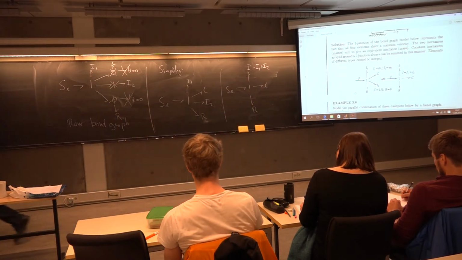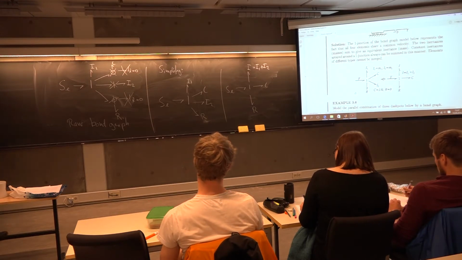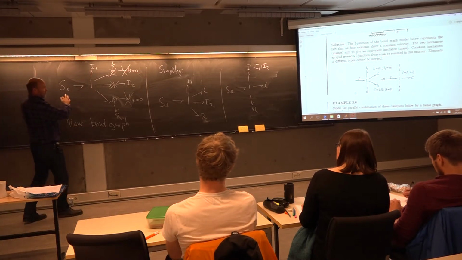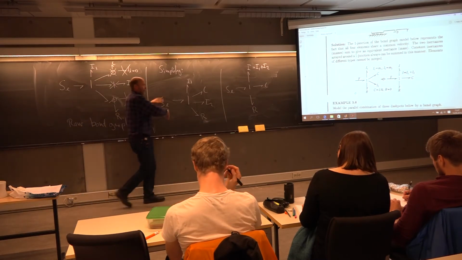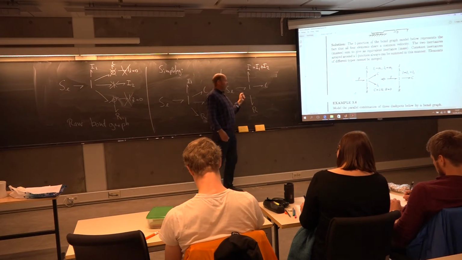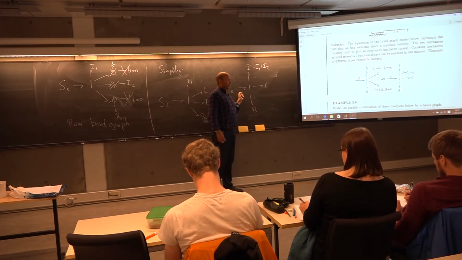So this is sort of how we are going to use a bond graph. Start with the real physics, a raw bond graph, simplify, simplify, simplify. Finally, you have a very cute bond graph, which is then very easy to analyze, hopefully.